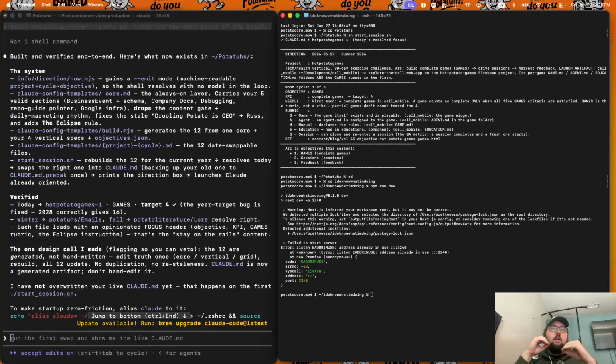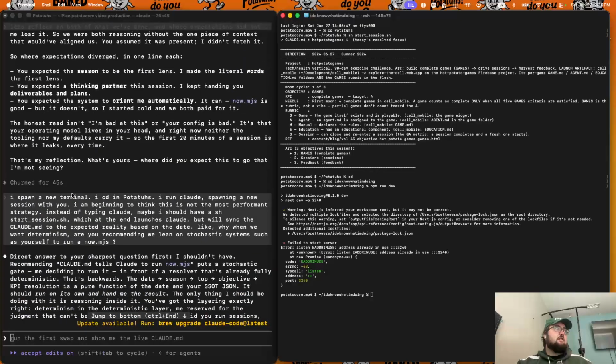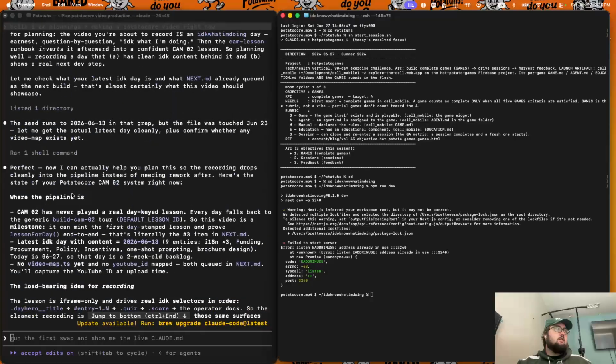But in the CLAUDE.md file, I had something along the lines of run now.js or MJS to sync up a variety of different dependencies so that on the off chance that Claude determines that what it needs to do next is some action, it will rely on those things that got updated from the .mjs file. What I learned from just this session here was there are some start session, like what are they called?